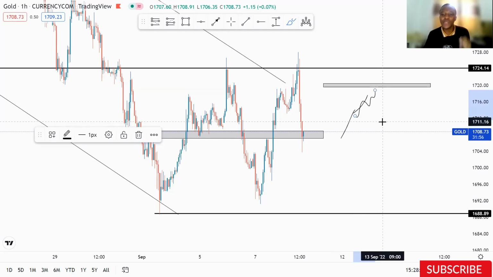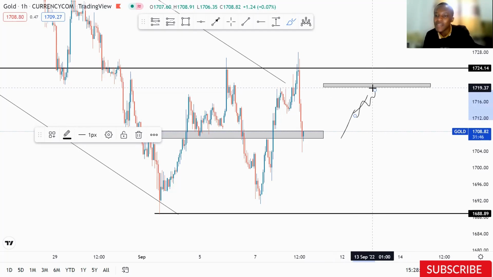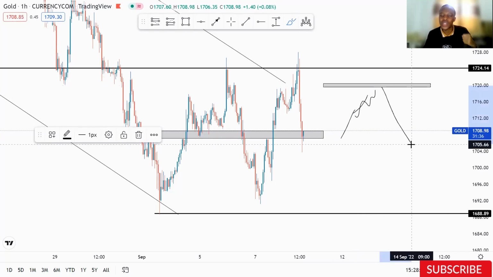A sell limit is basically you saying to the market, should the market fail to break this level and reverse, then when it hits this price point, 19.37, it must execute a sell position for you, with hopes that the market is going to reverse and go to the downside. That is such conditions in which you can use a sell limit. That's what a sell limit means.